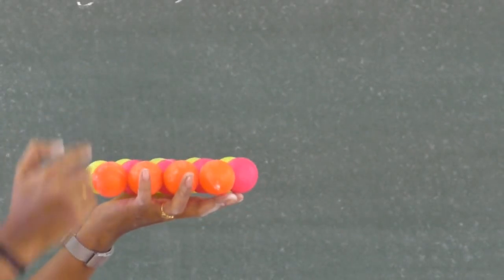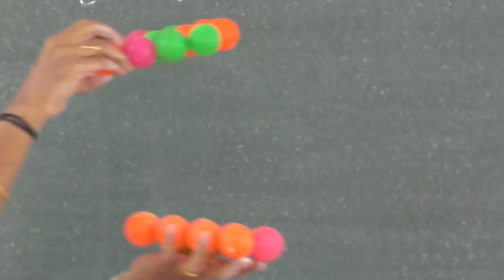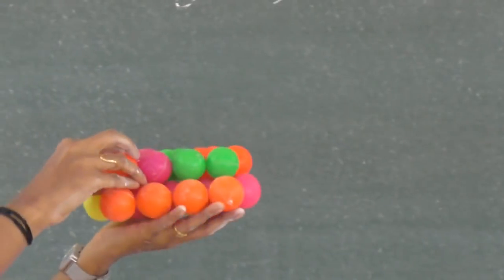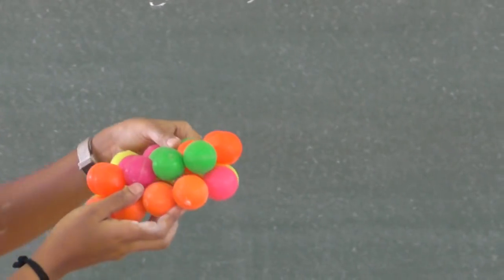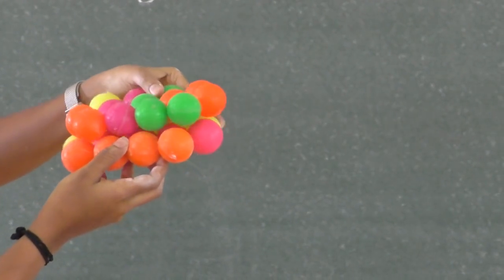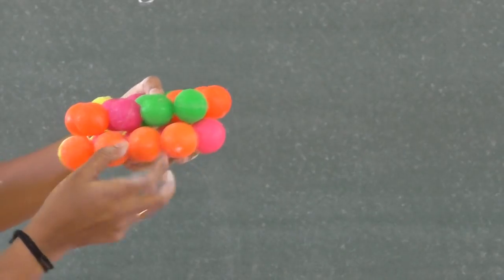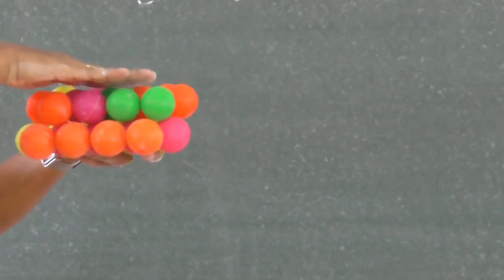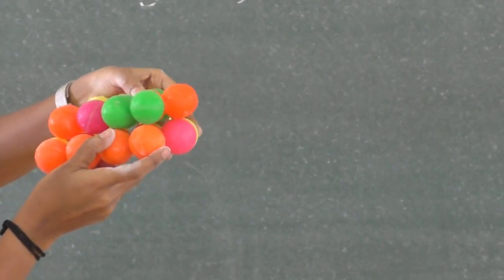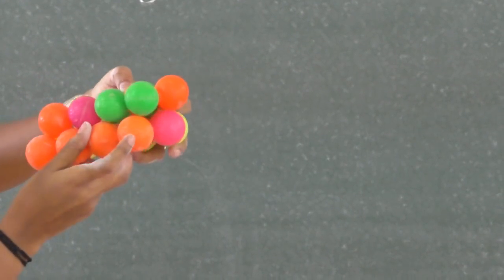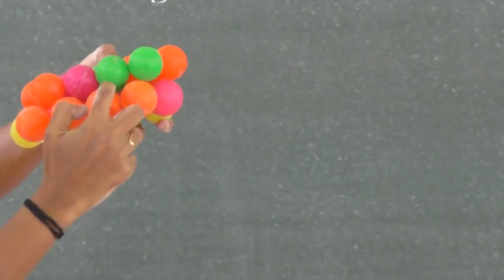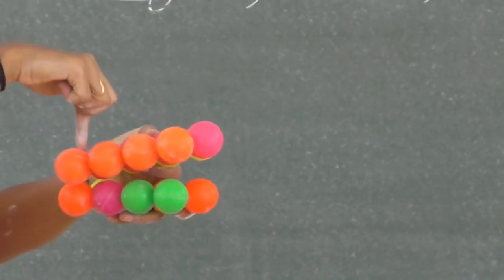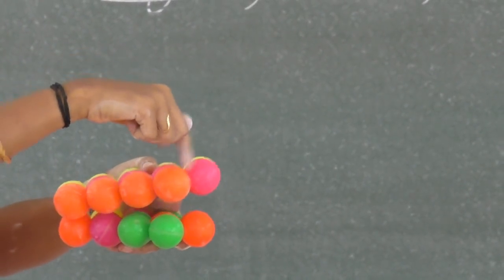So in order to form three dimensions, I'll keep one more layer above the first layer in such a way that the spheres of the second layer must be in the depressions of the first. Depressions means the empty space.